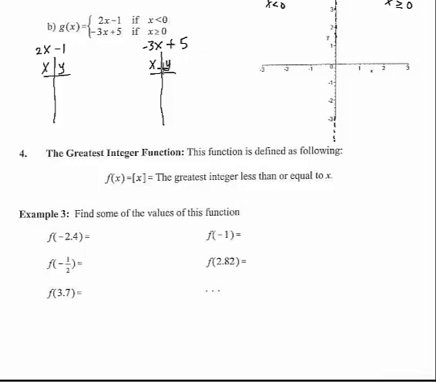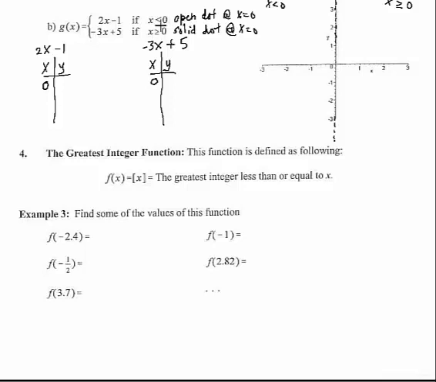Okay, I'll pick some numbers that are less than 0, but I also want to do 0 for both of them, just to see where they start on my y-axis. The negative 3x plus 5 will have the solid dot at x equals 0, and the 2x minus 1 will have the open dot at x equals 0.